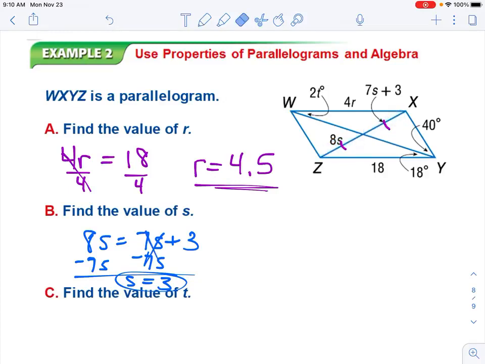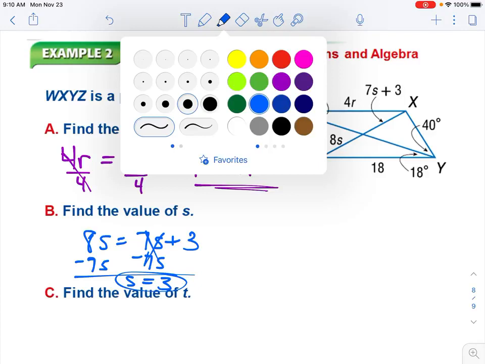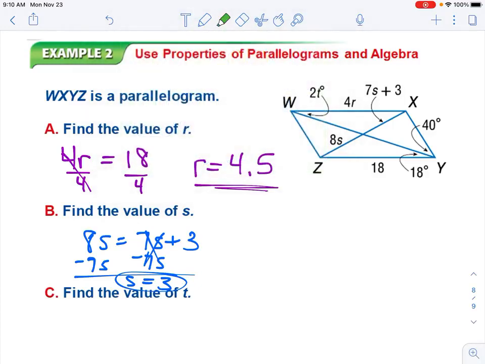And then for T, T is this angle here. Now here's where it gets a little tricky. Remember, we have parallel lines, right? So this diagonal could be our transversal.